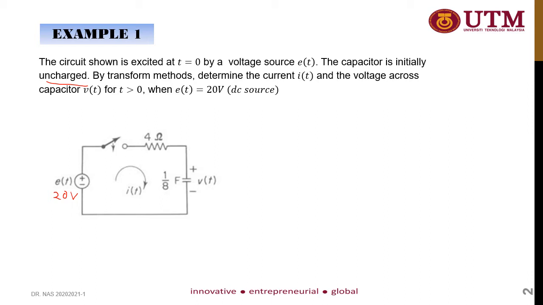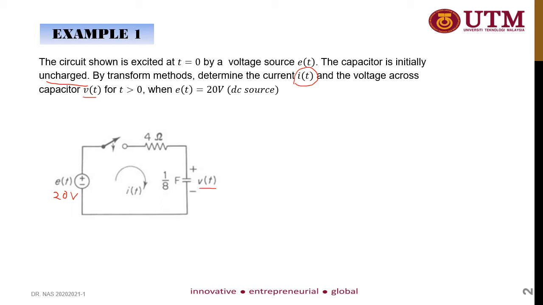You need to find what is i(t) and also the voltage across the capacitor, v(t), for t larger than 0. When t is less than 0, the circuit is open, so there's no current flow across the components. Therefore the capacitor is uncharged and there's no initial condition.